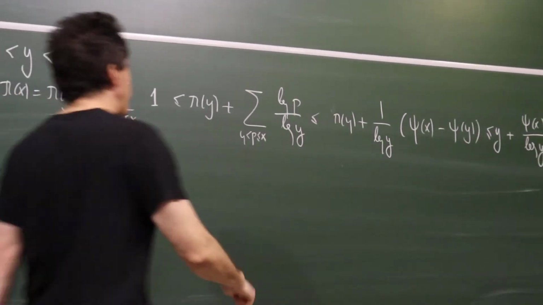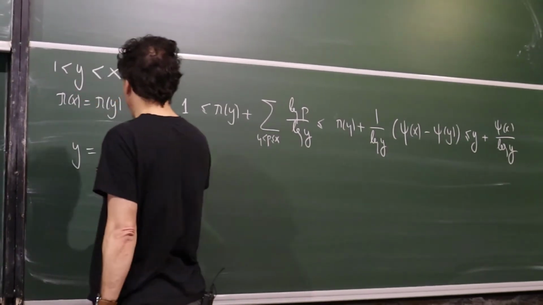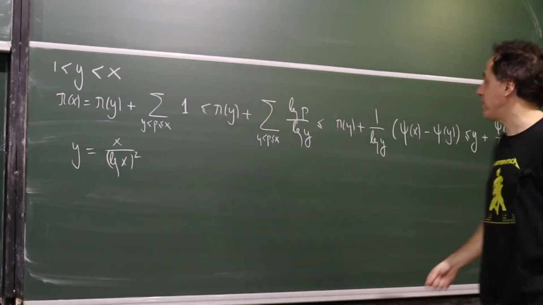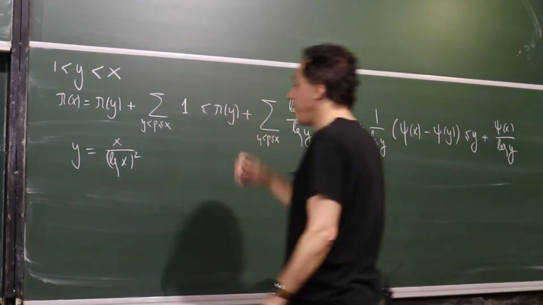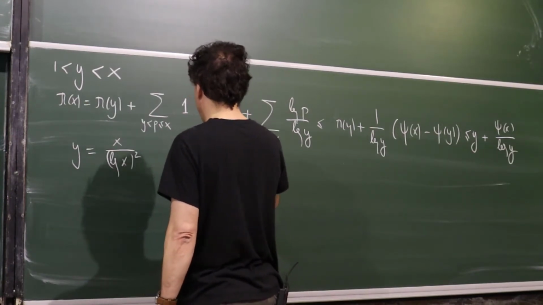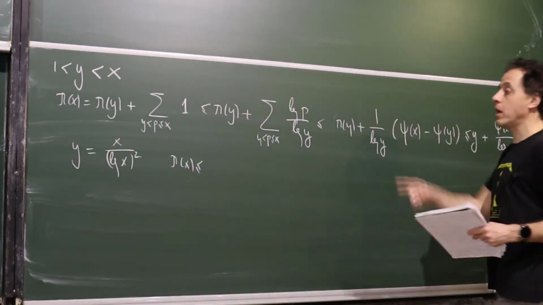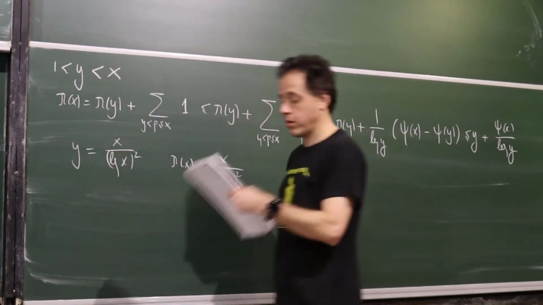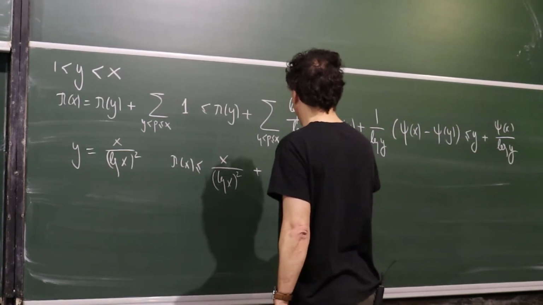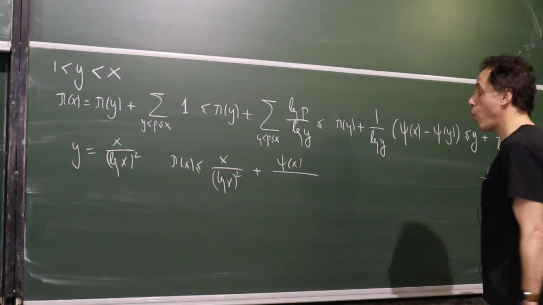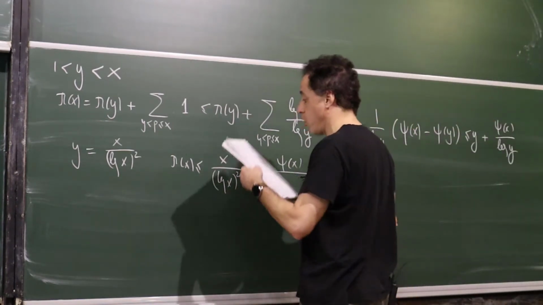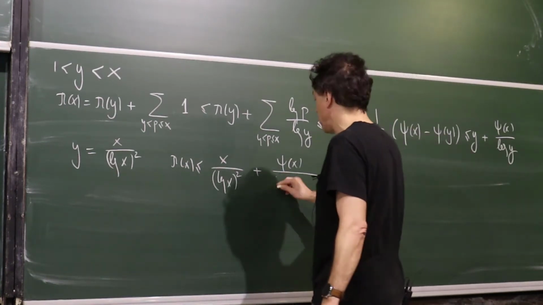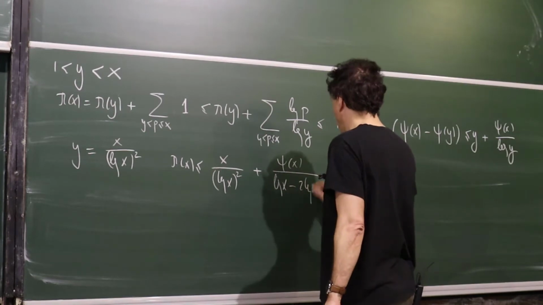Now we take one precise value of y. We take y as x over log x squared. It's also a little bit tricky. So we have pi of x smaller or equal than y, which is x over log x squared, plus psi of x over log y, where log y is log x minus 2 log log x.